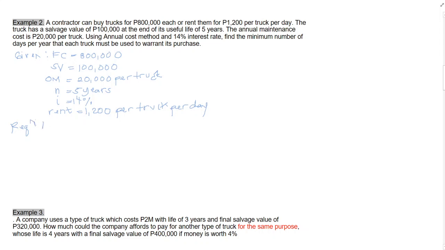Okay, so our requirement is we let n be the number of days, so that is equal to the annual cost divided by the rent. So that is in terms of days. Continuing, to be able to get the number of days, we have the solution. It says they're using the annual cost.